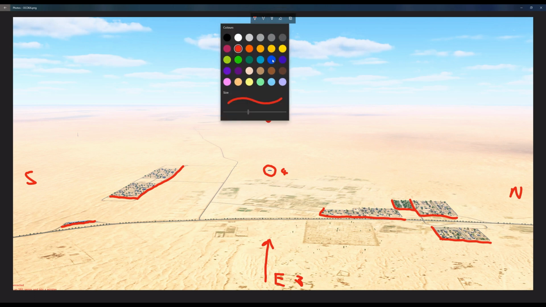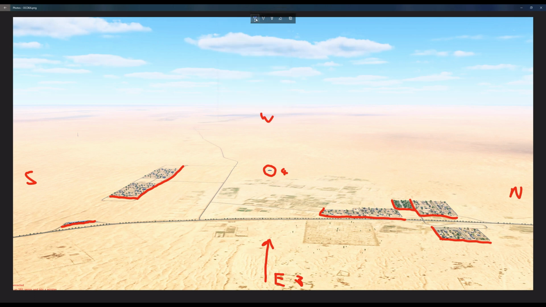How I would approach it, your mileage may vary, is you would split the engagement area into two halves. We have an advantage in range over the weapon systems the enemy are deploying, and we have an advantage in sensor capability as well.